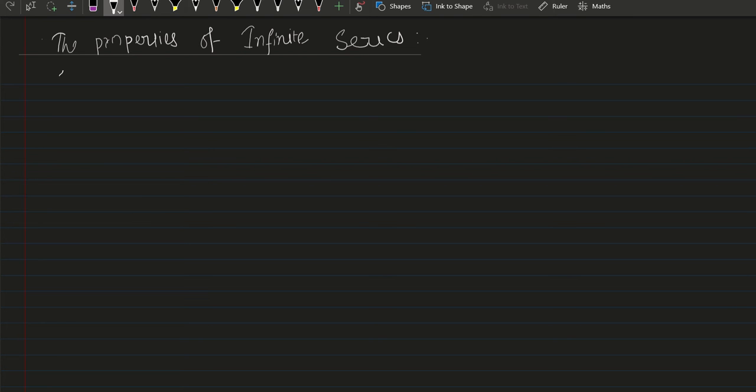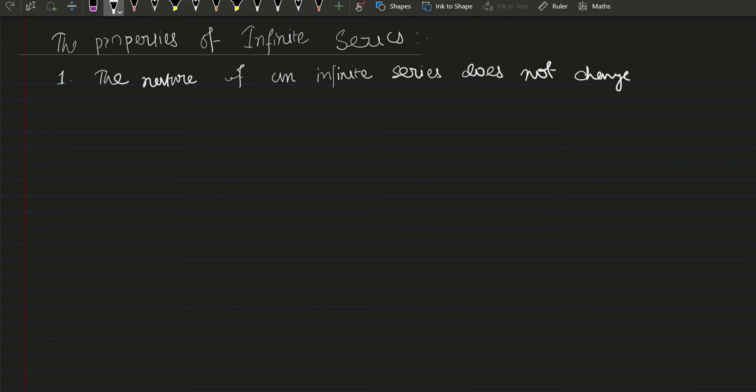So the first property is the nature of an infinite series does not change. What does it mean?